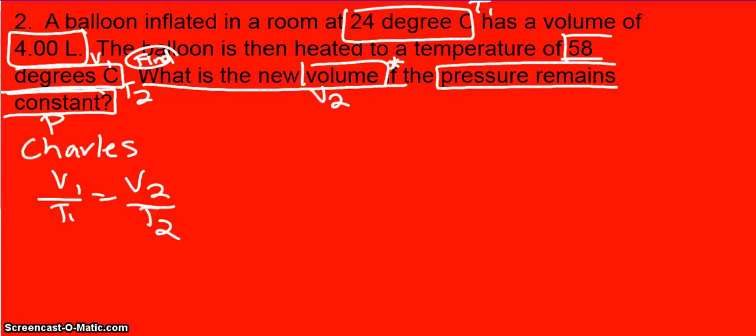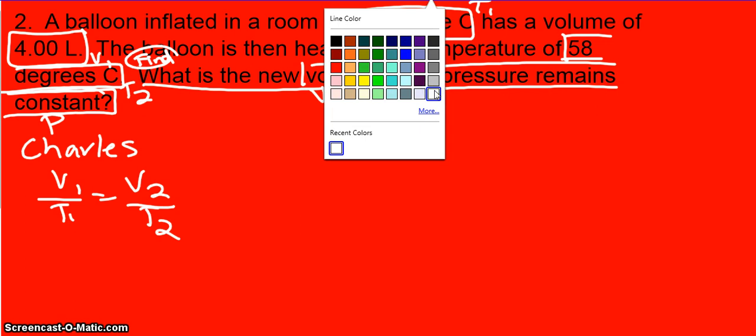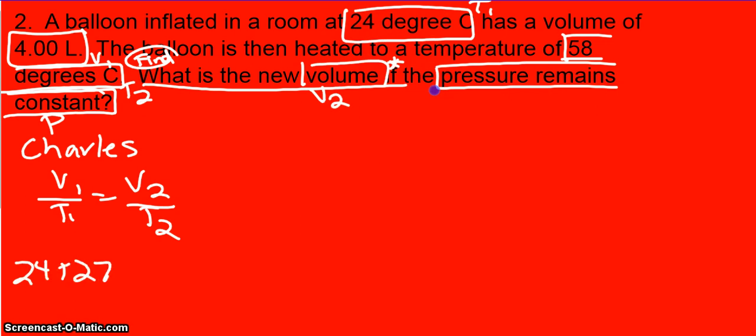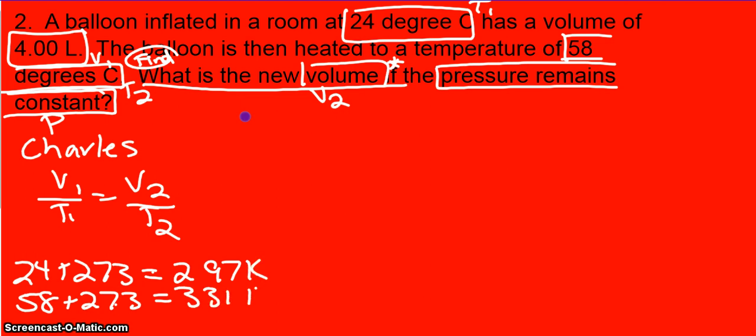So for each temperature that we're going to work with, we have to add 273 to convert from Celsius to Kelvin. Remember that Kelvin does not use the degrees sign.